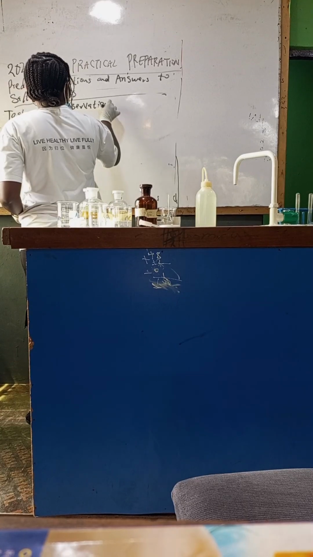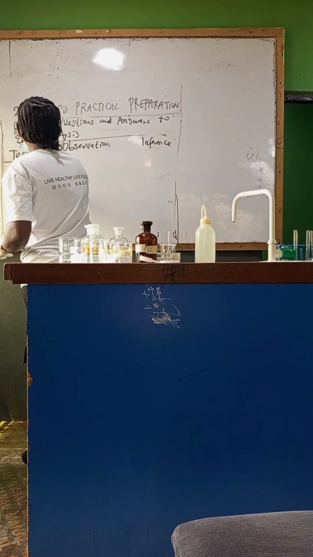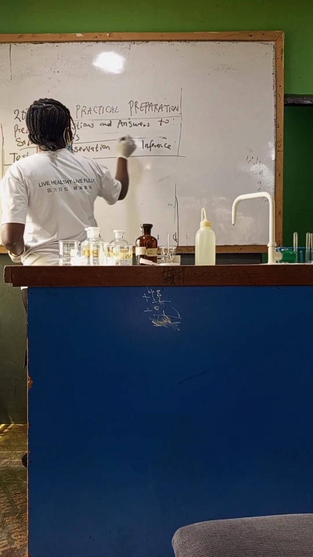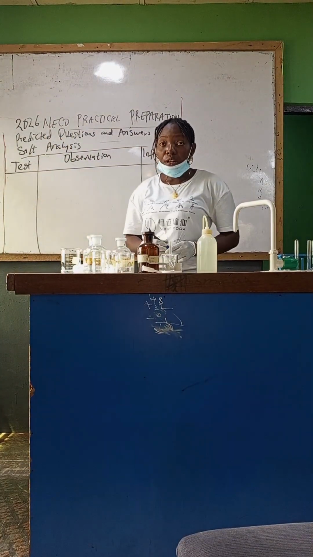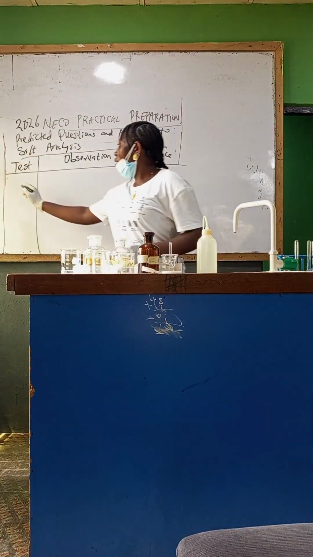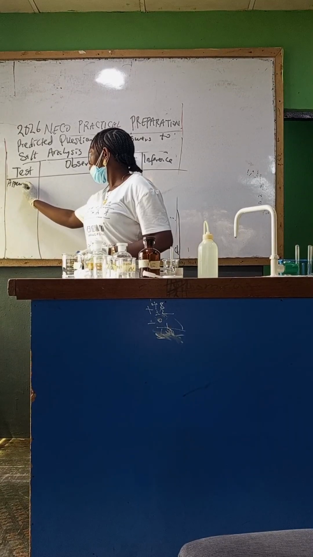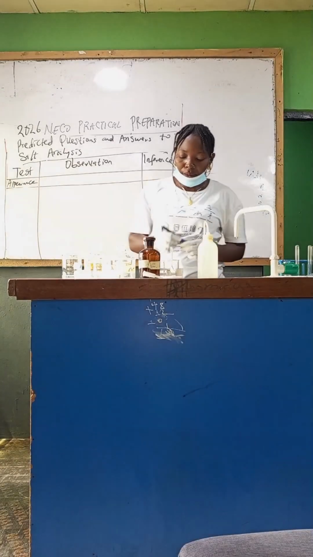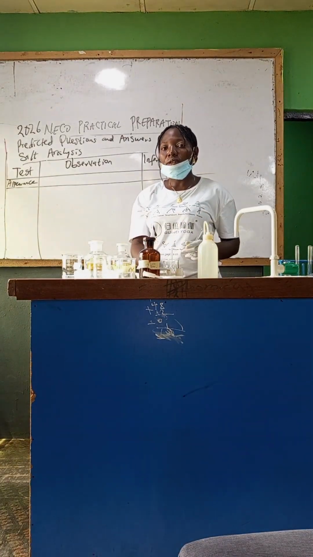observation, inference. Then, first of all, let's look at the appearance. Let's observe the salt. You can see the salt is blue crystalline in nature.